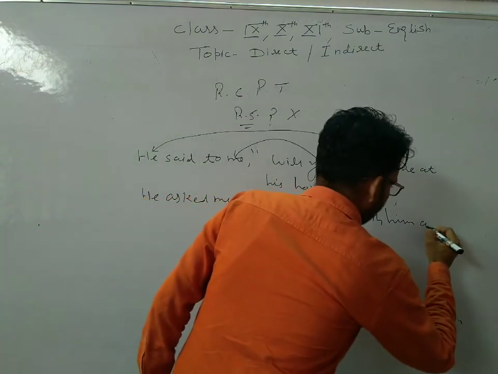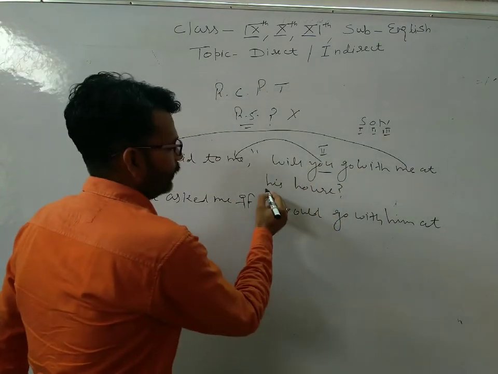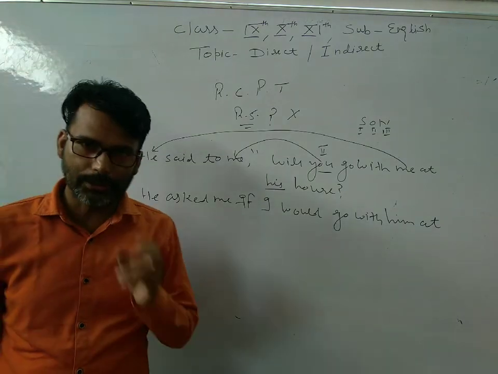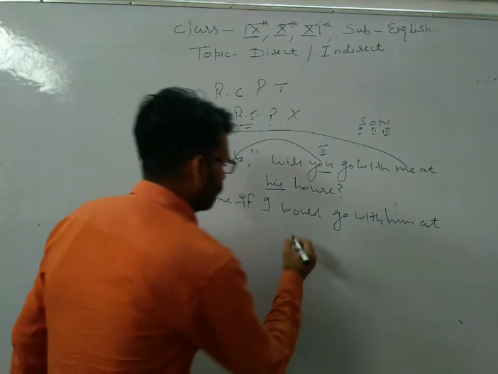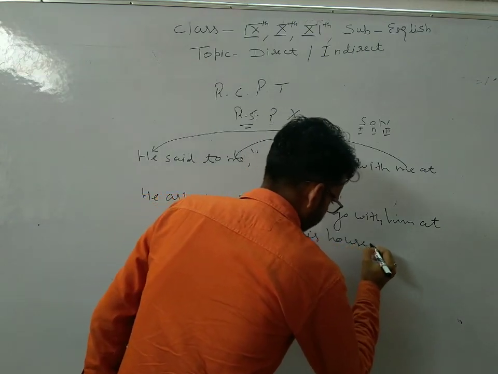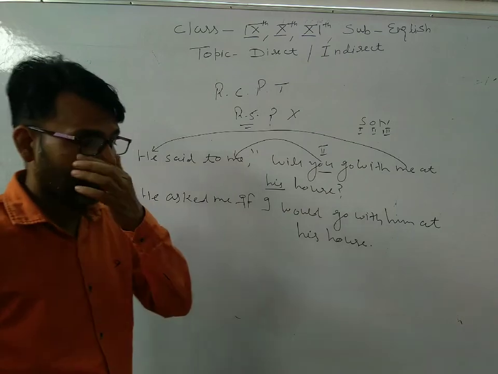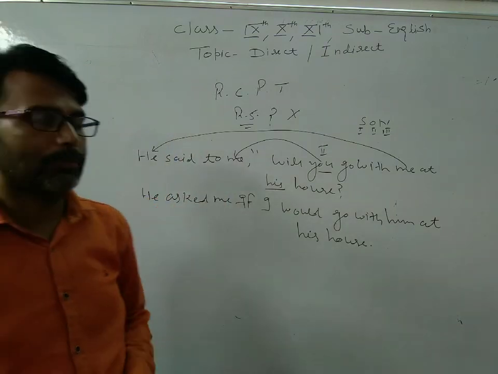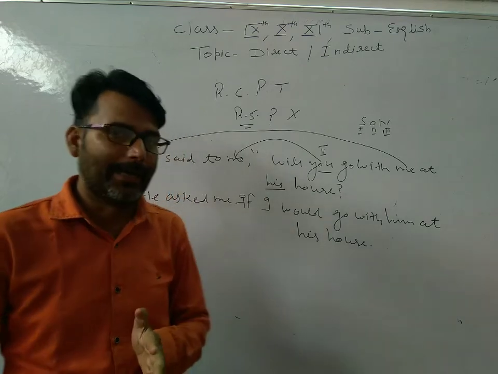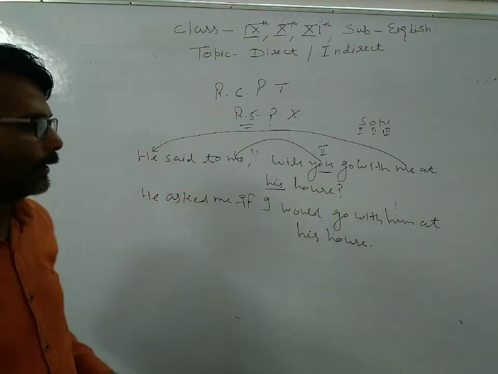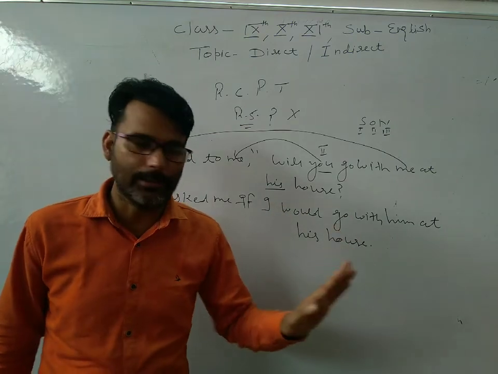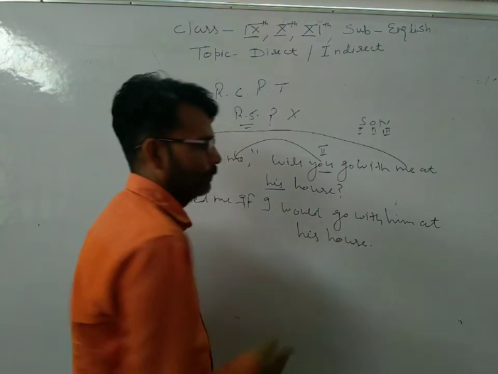Now again we have the third person. I told you that we don't change the third person. That's why it will remain the same: his house. One thing more. When you are going to change direct into indirect, there is no need to put any punctuation sign instead of the full stop.